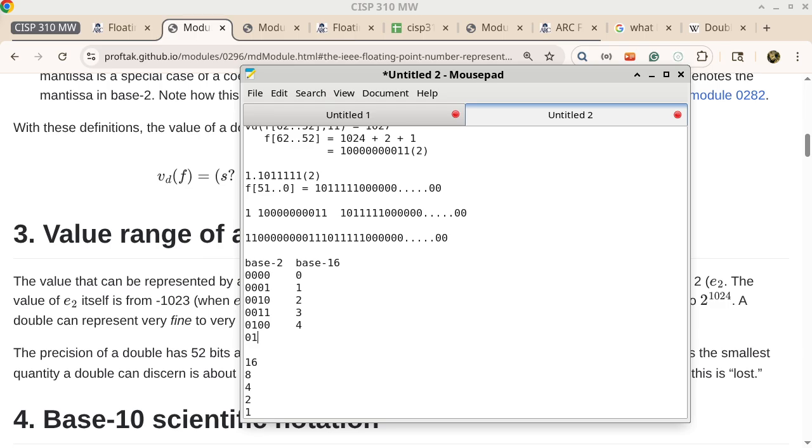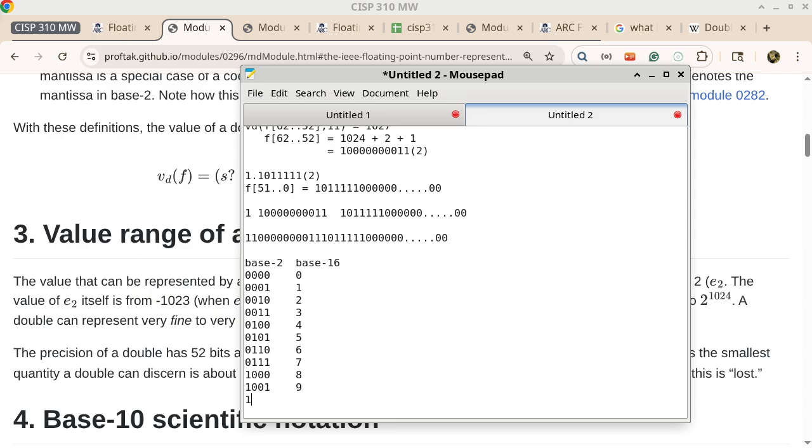So I think you can probably complete this table all the way up to at least 9. But I'll do it for you. 0110 is a 6. 0111 is a 7. 1000 is an 8. 1001 is a 9.